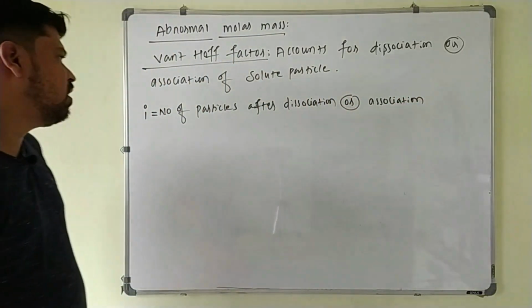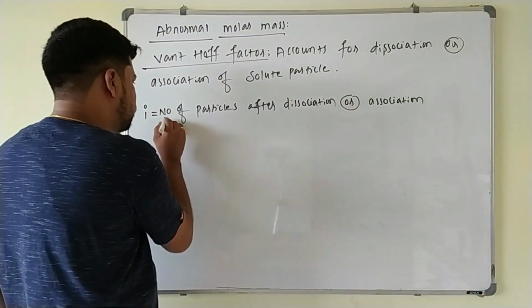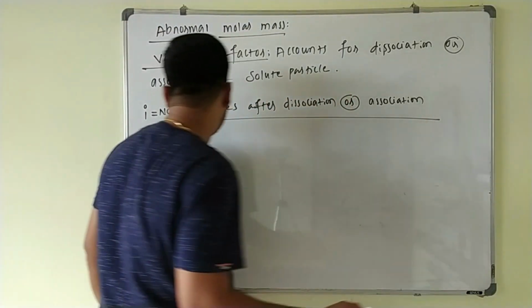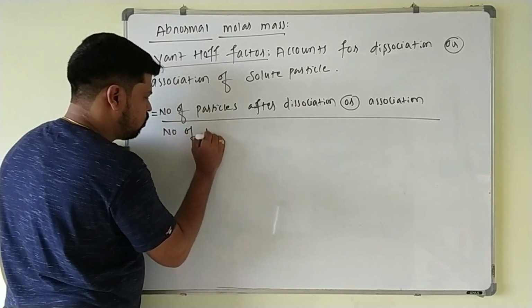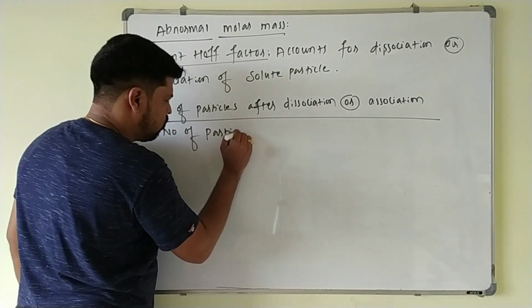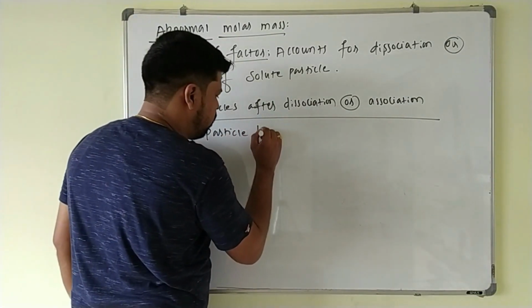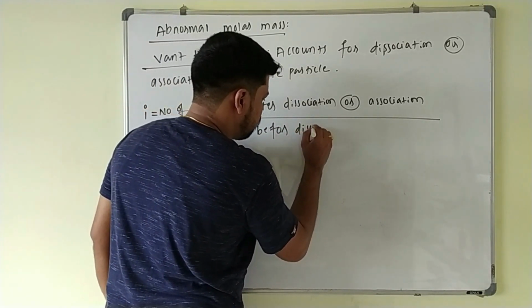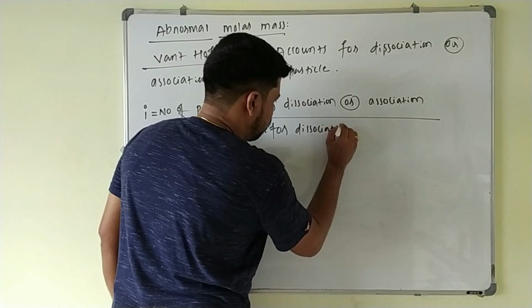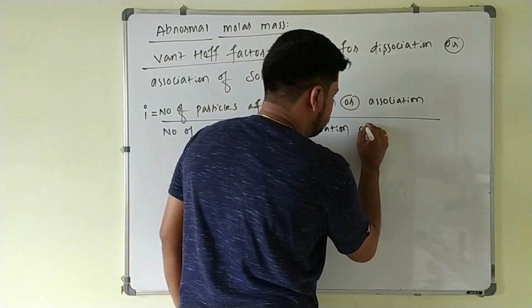Number of particles after dissociation or association divided by number of particles before dissociation or association.